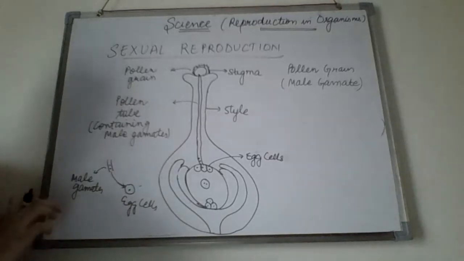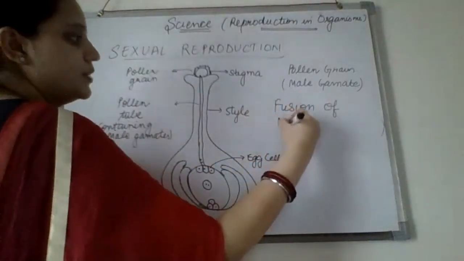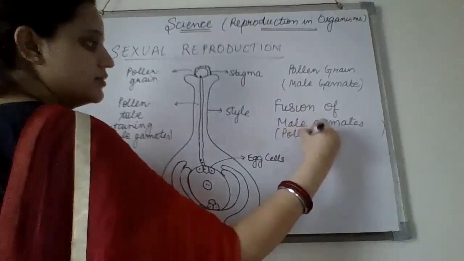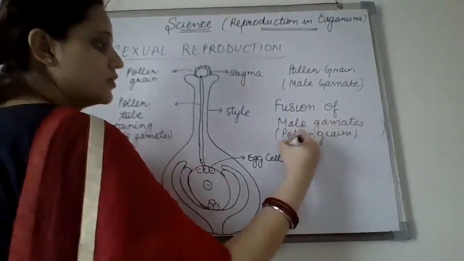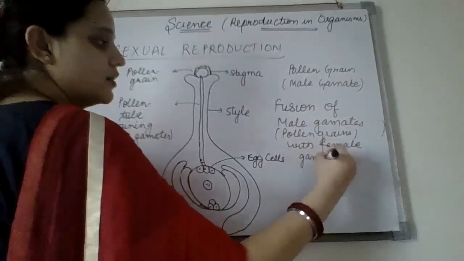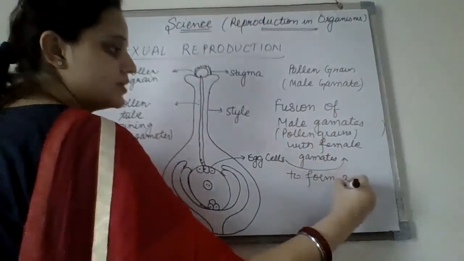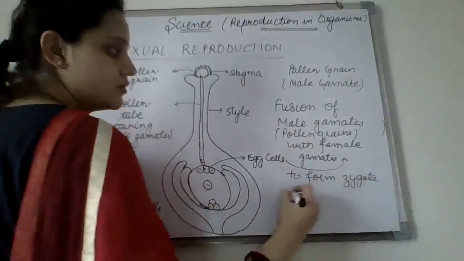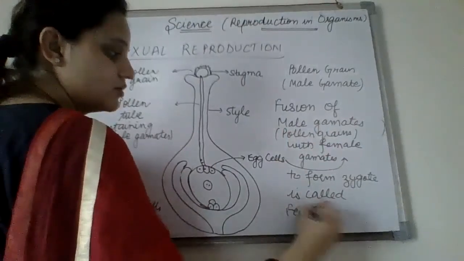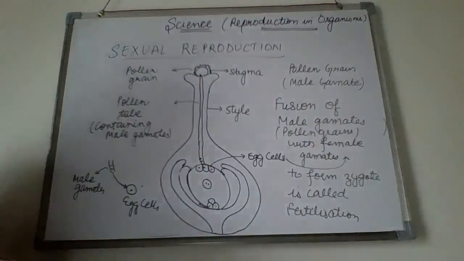Okay, so this fusion of male gametes, that means the fusion of pollen grains with female reproductive cells that we call egg cells, to form a zygote, is called fertilization.